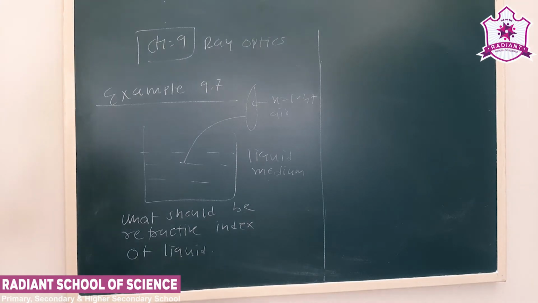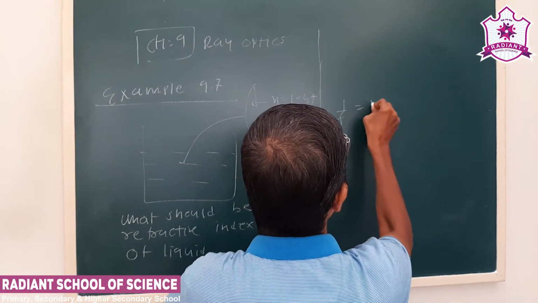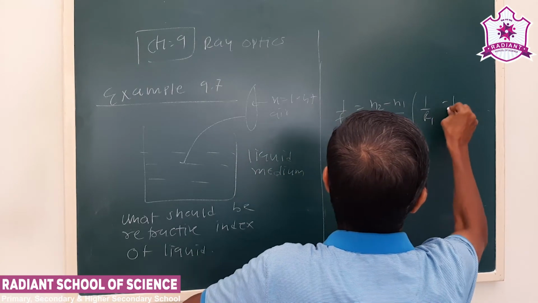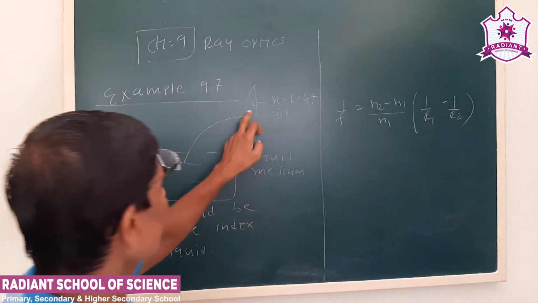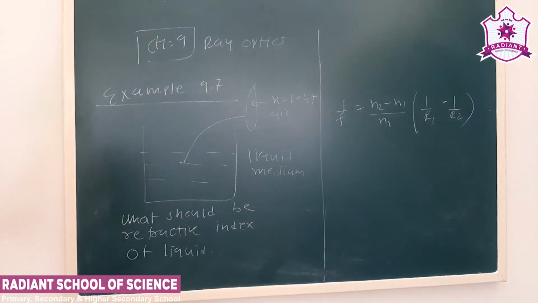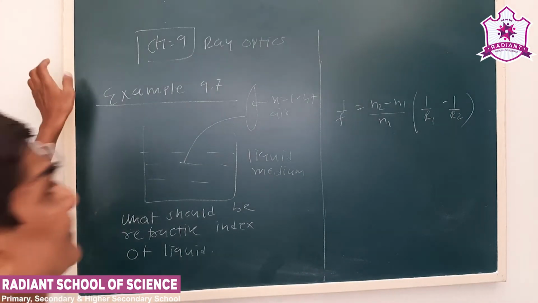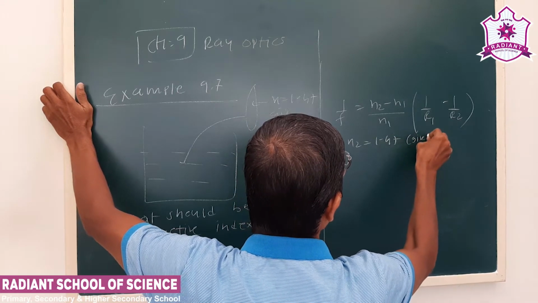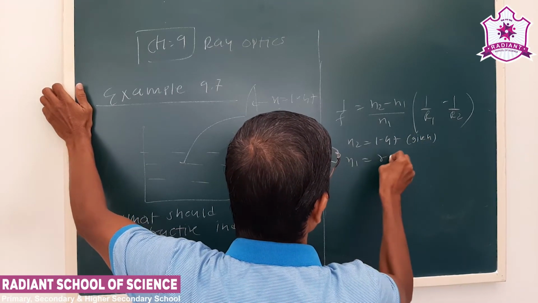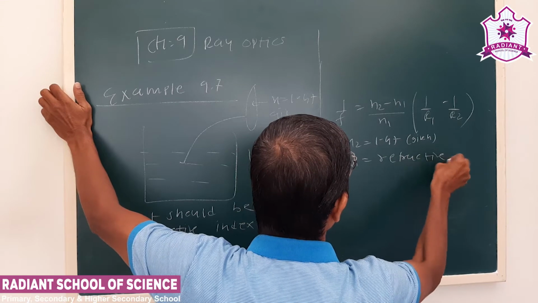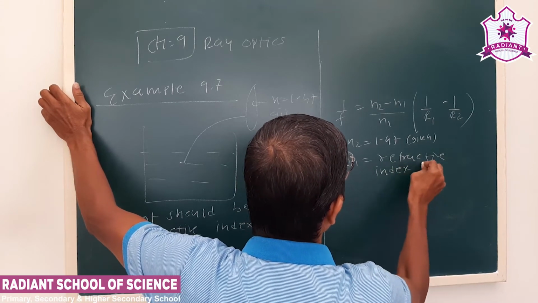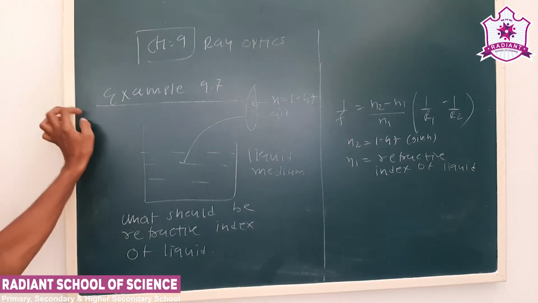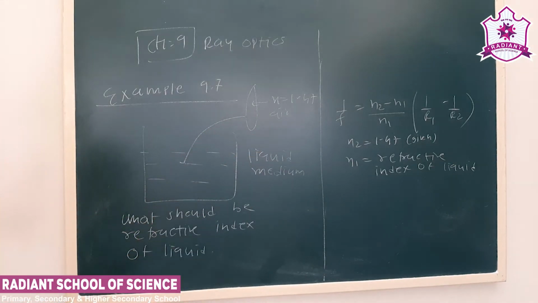Now see our formula: 1 by F is (N2 minus N1) times (1 by R1 minus 1 by R2). R1 and R2 are the radii of curvature of the lens. Here N2 is 1.47, that is given. N1 is the refractive index of the liquid. Why? Because initially the lens was in air, and now we have to place it in a liquid.